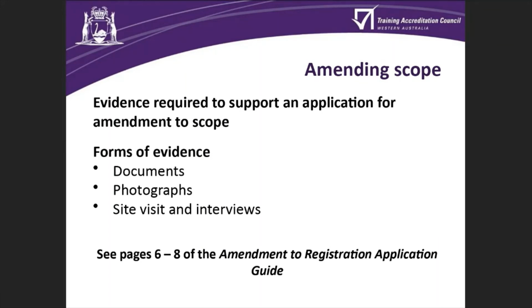Clearly documents, and best if they're in digital form. Photographs, again in digital form, which could be photographs of facilities, equipment, and various resources. And in many cases, documents and photographs tell us what we need to know.